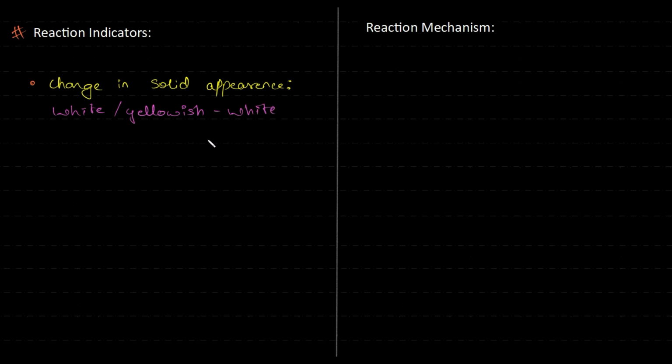So we have zinc oxide powder that reacts with black carbon. If the reaction goes to completion, we get a gray metallic zinc.